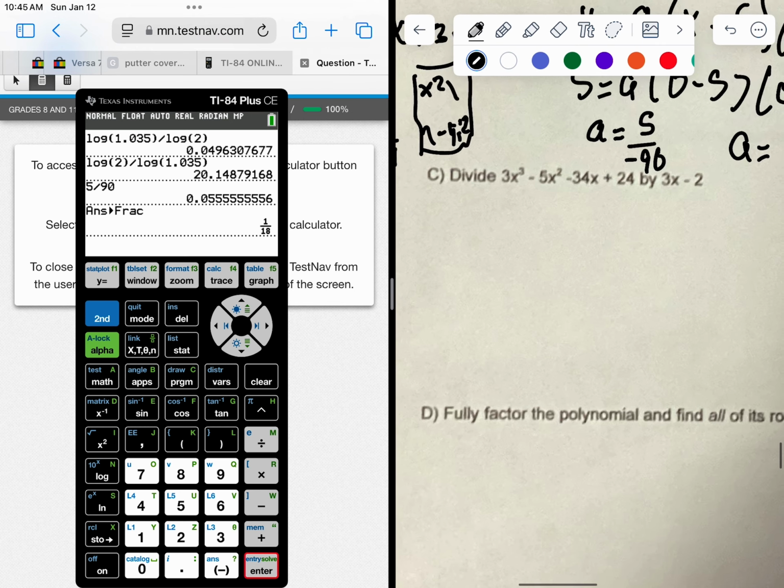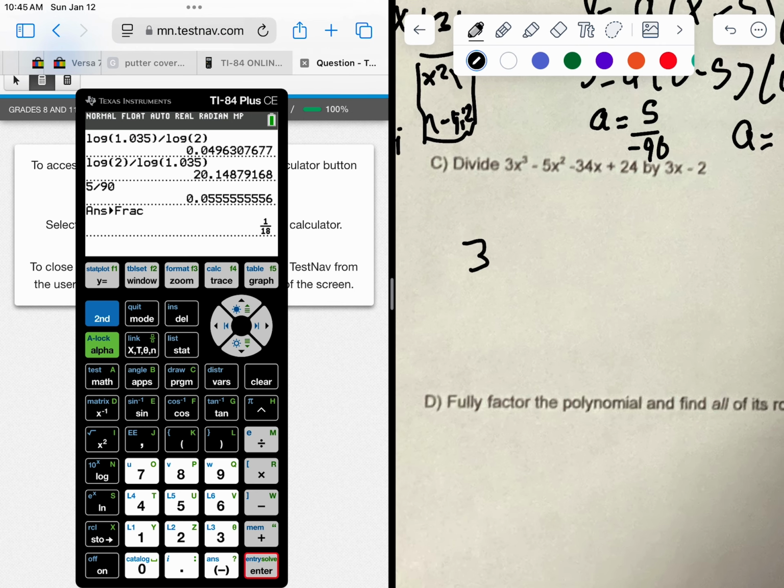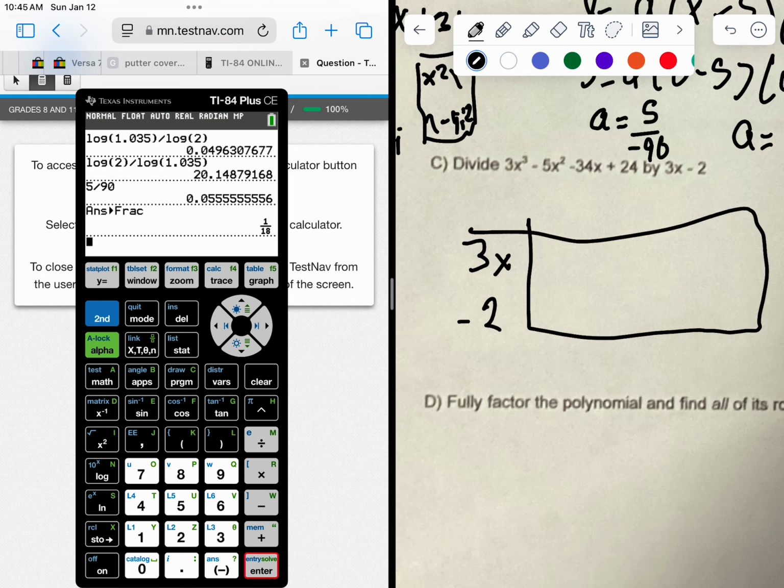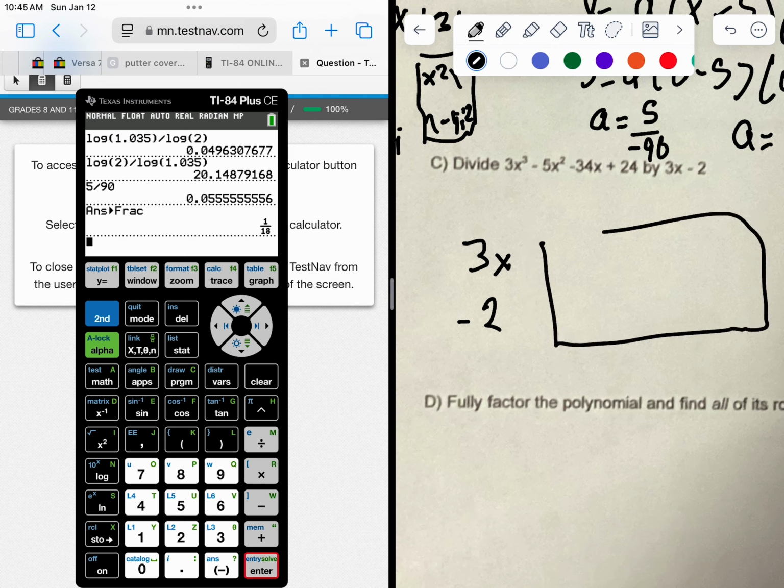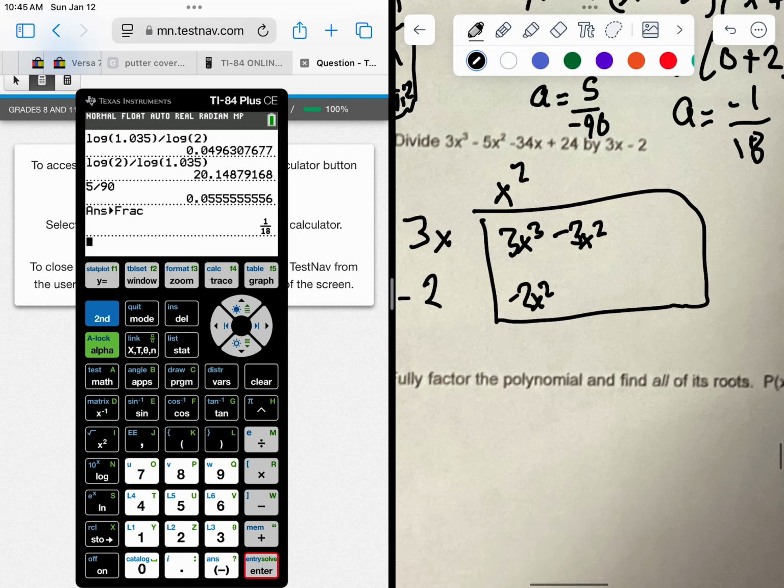Next one, divide that by that. So we're going to set it up: 3x to the third there, x squared, negative 2x squared, 3x squared there, negative x, 2x, negative 36x there, negative 12, and then 24.